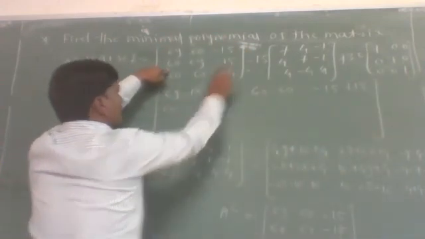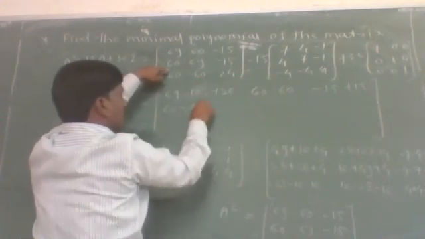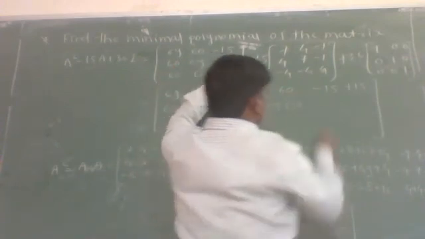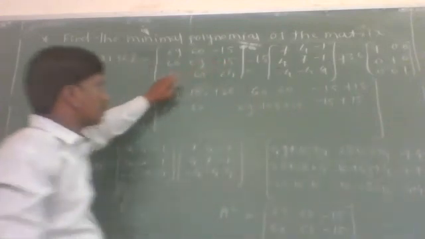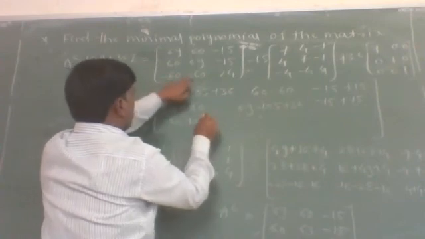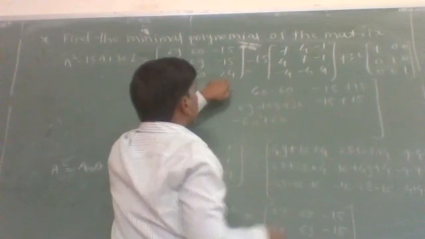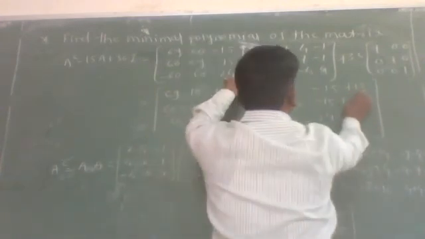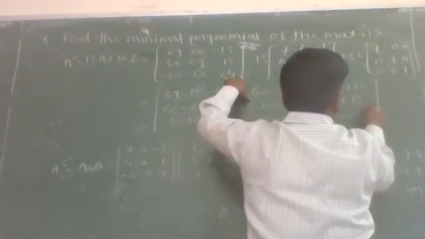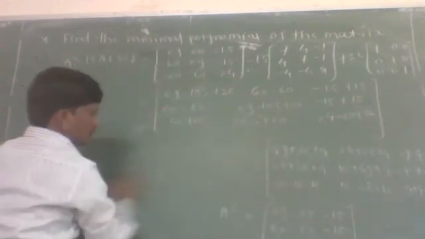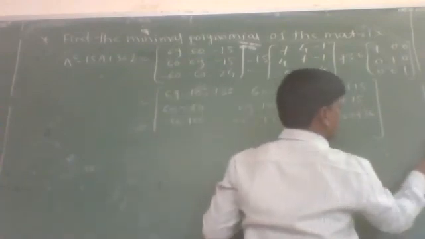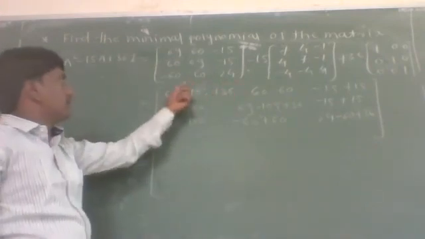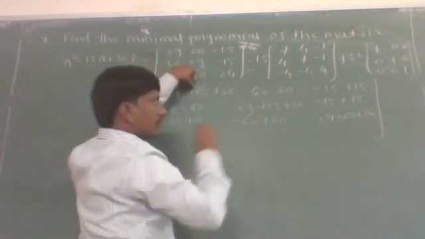Again 60 minus 15 into 4, 60 minus 60. 69 minus 105 plus 36, minus 15 plus 15, 24 minus 60 plus 36. Now, 69 plus 36, 105, 105 minus 105, 0. 60 minus 60, again 0.